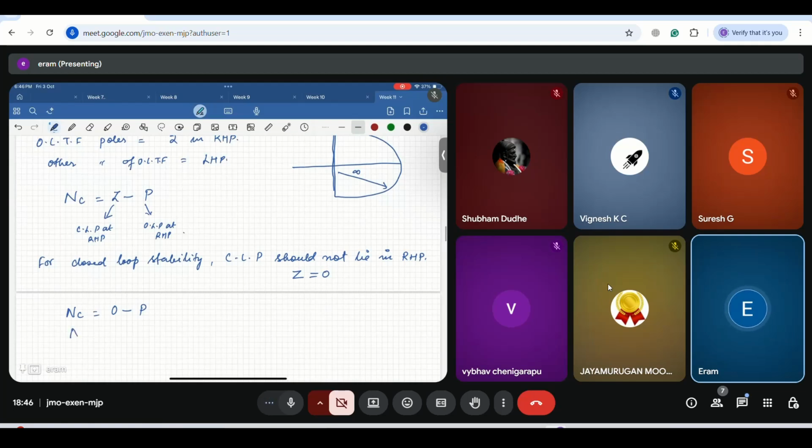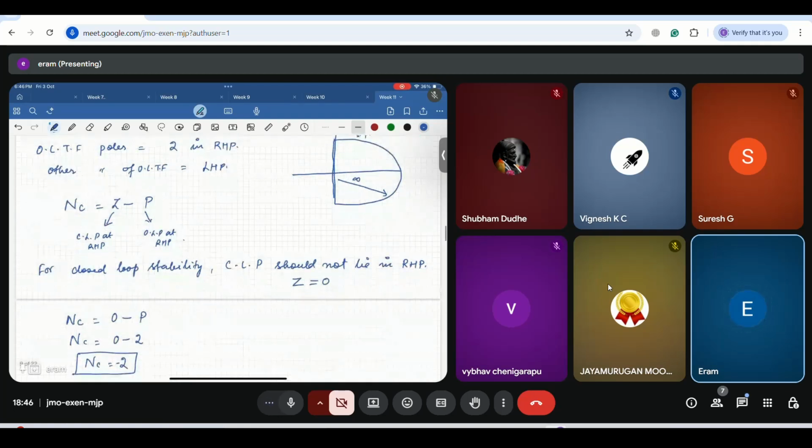That means NC is equal to 0 minus 2, so NC equals minus 2. What does it mean? How many encirclements should we have for stability? We should have 2 encirclements, right?